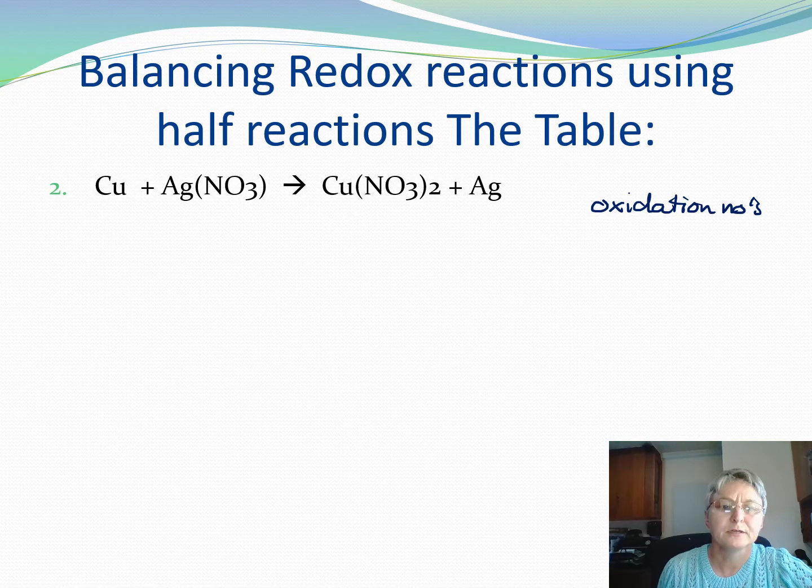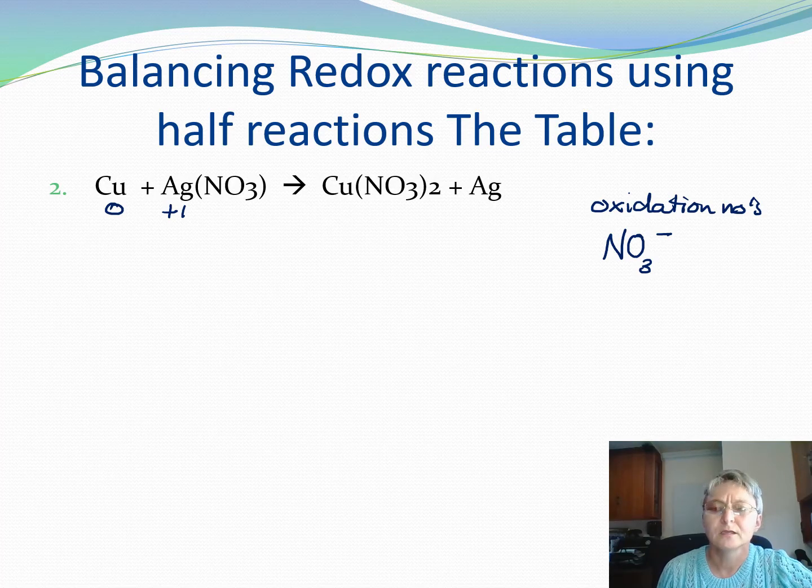So copper has an oxidation number of 0 here. Silver has an oxidation number of +1. I know that because the nitrate ion, NO3 negative, has a 1 negative charge. The oxygen's oxidation number is -2.